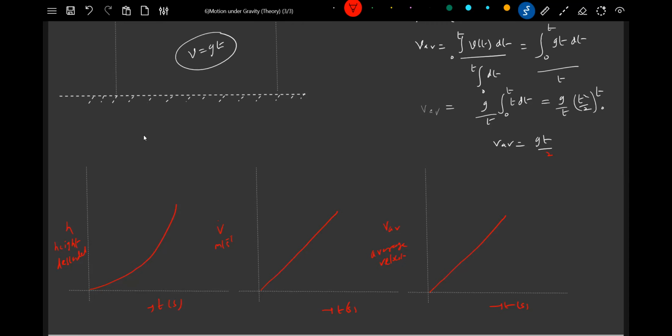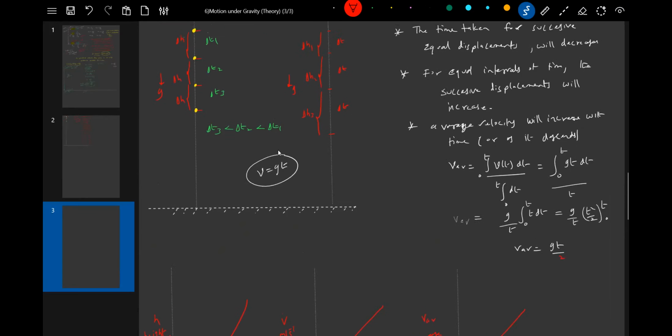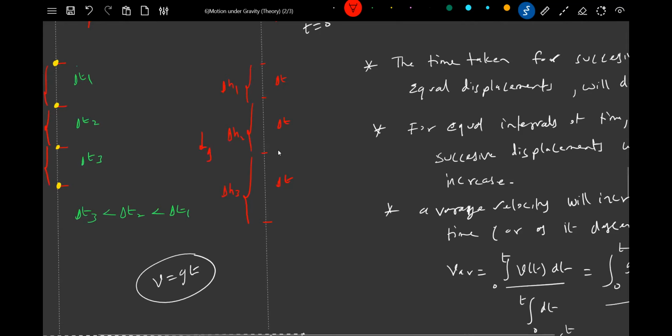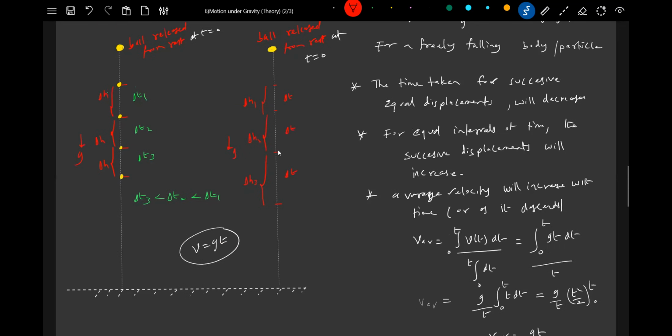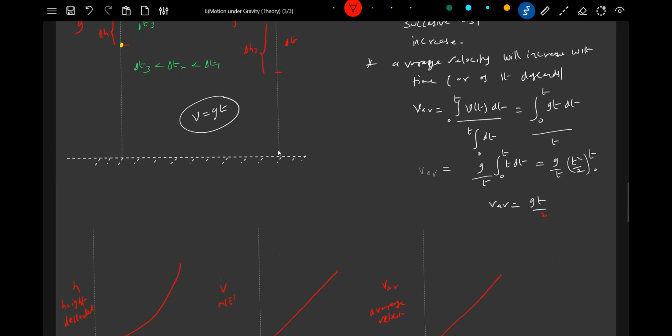Then what about the distance covered in the nth second? Any formulas? Distance covered in nth second, or displacement in nth second, should be equal to S_n = u + (g/2)(2n - 1). n is the nth second.